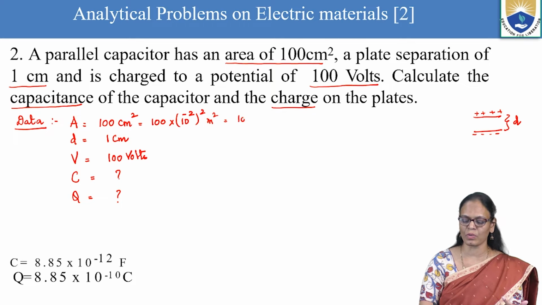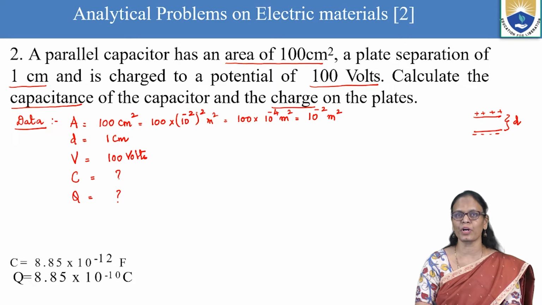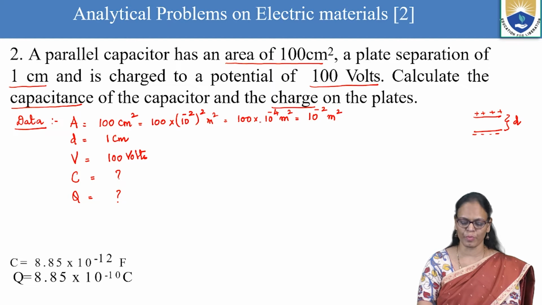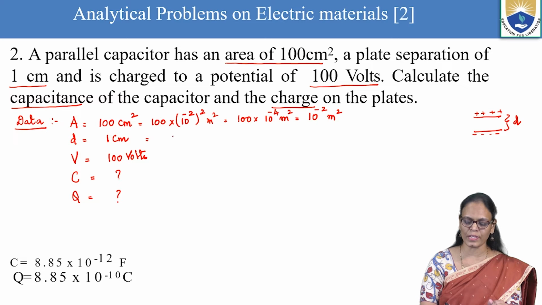So this will be equal to 100 into 10 power minus 4 meter square, or I can simply write it as 10 power minus 2 meter square. So this is very important. Checking the conversion of the units before proceeding is very important. So we have the area in SI unit as 10 power minus 2 meter square. And in the same way the distance also has to be written in SI. So 1 centimeter is 10 power minus 2 meter.